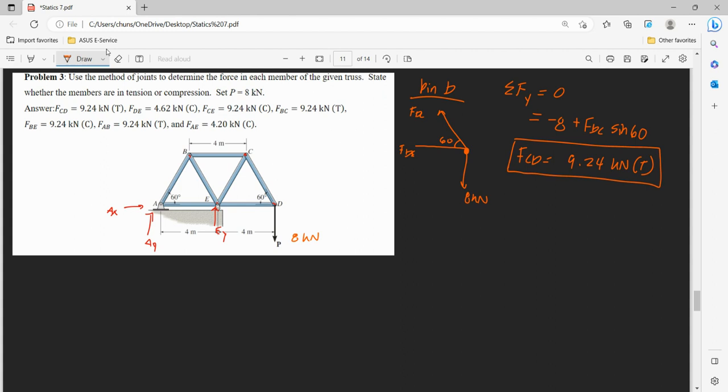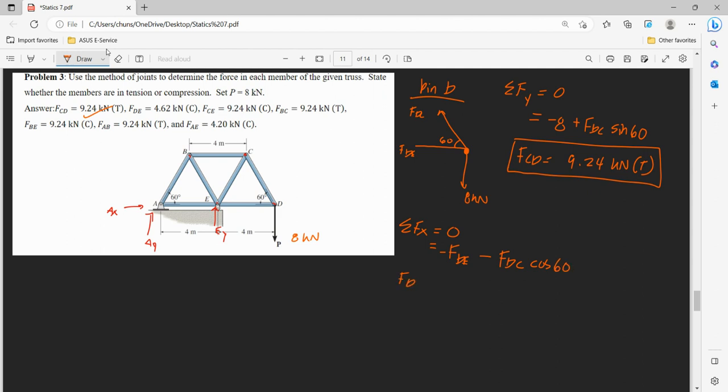Okay, so that is our first one done. And for our Fx, we will do FDE, that's pointing in our negative direction, and so is our FDC, cos 60.